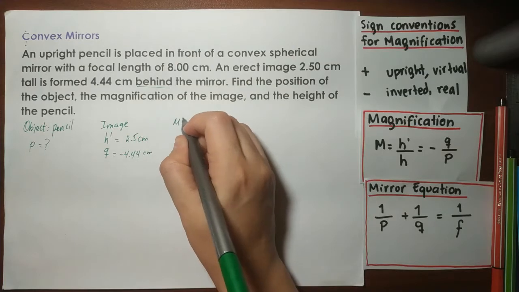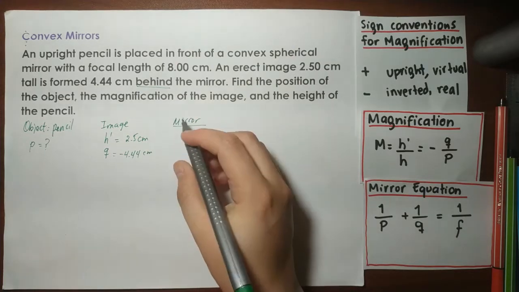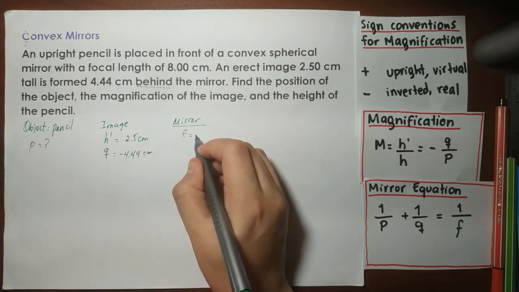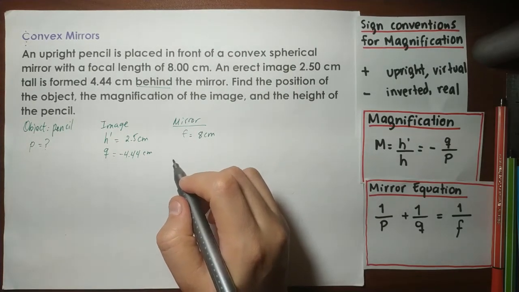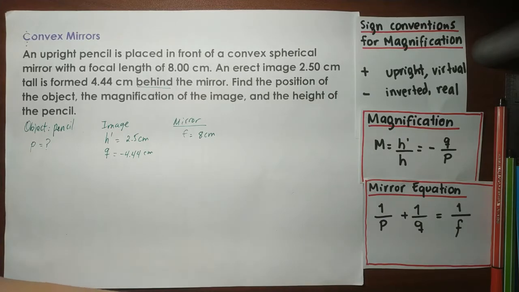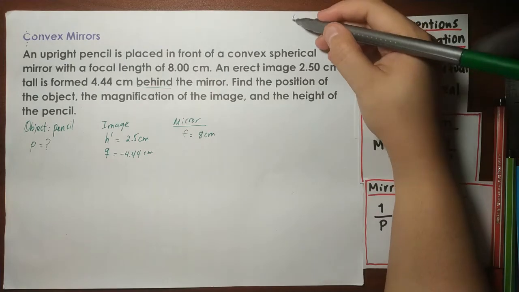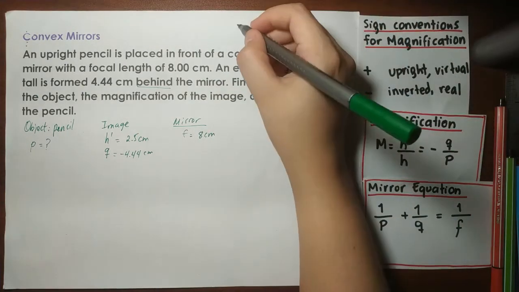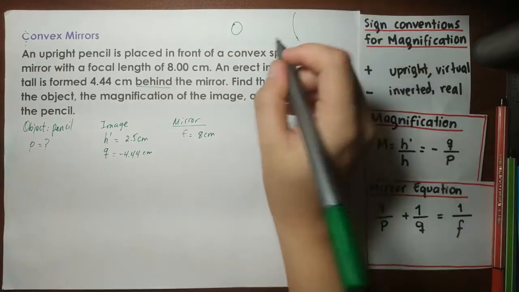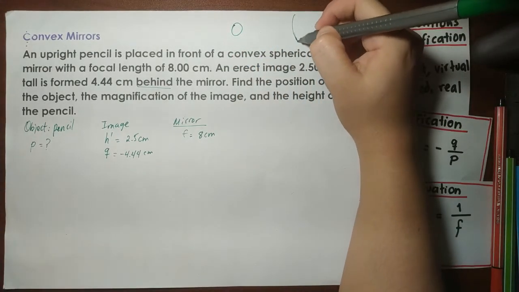Now what do we know about the mirror? About the mirror, we know its focal length is 8 centimeters. Now, this focal length is behind the mirror, because for convex mirrors we have this type of mirror. So the object, for example, is placed here, and my convex mirror is this one.